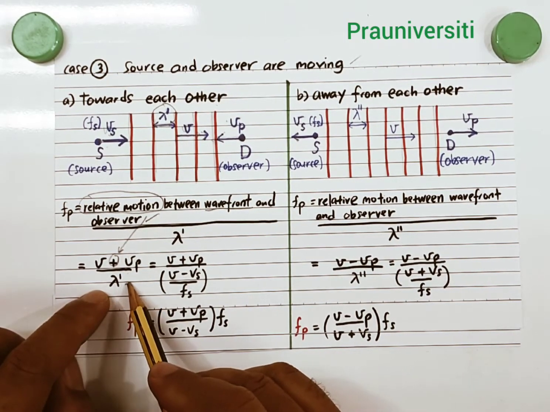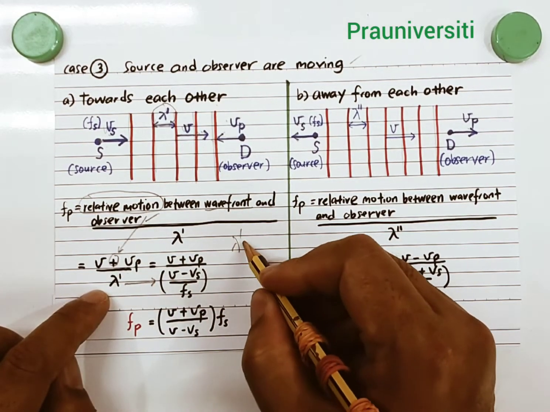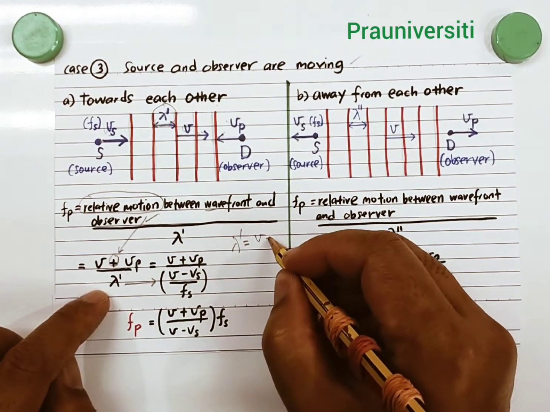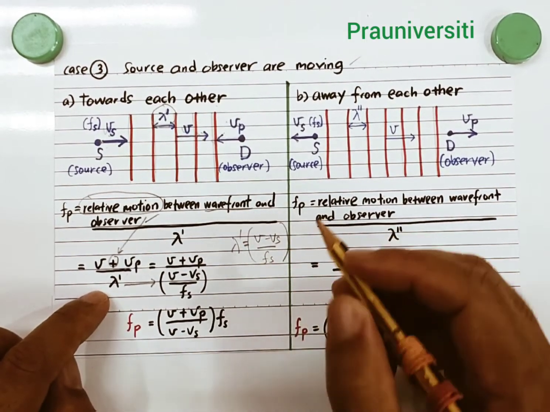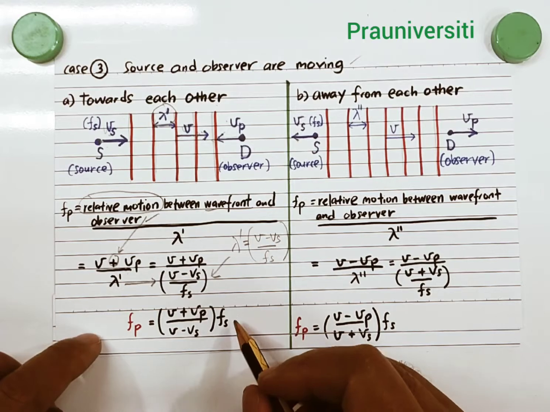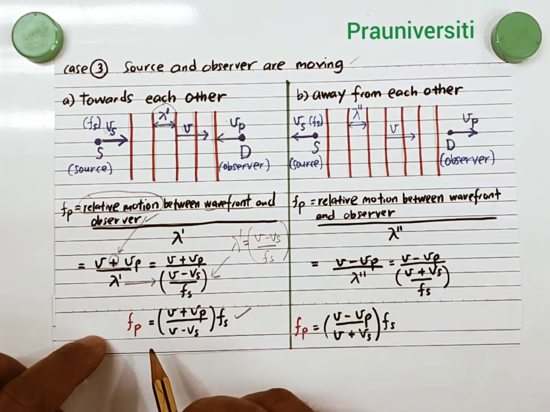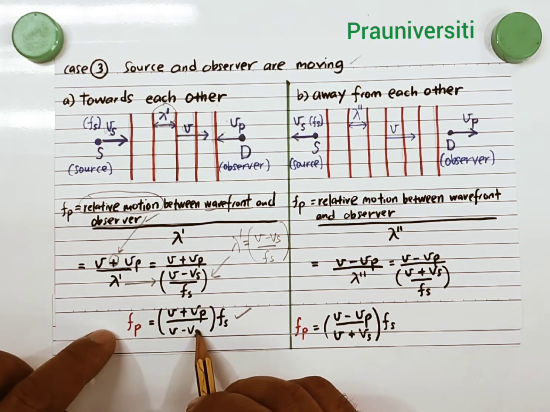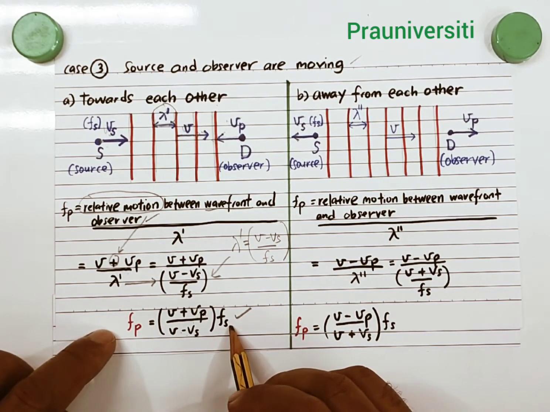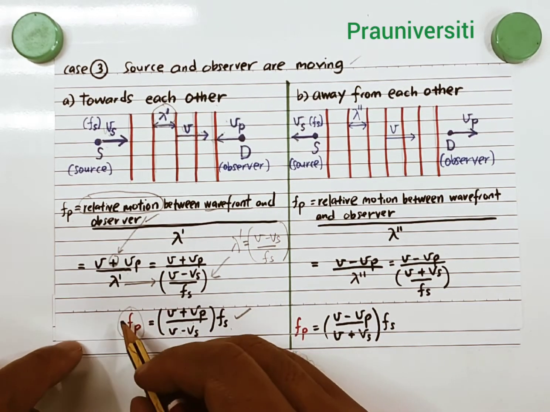We replace lambda prime with V minus Vs over Fs, and we get this equation: Fp is equal to V plus Vp over V minus Vs times Fs. So we can get the apparent frequency here.